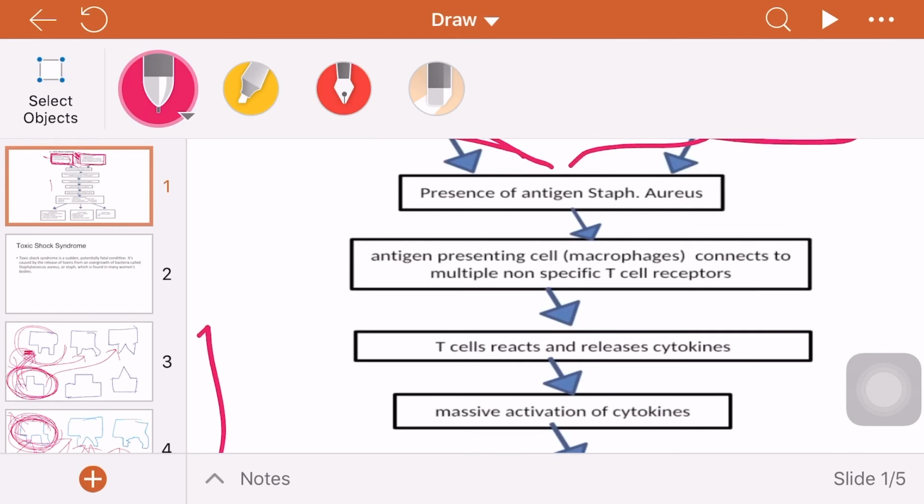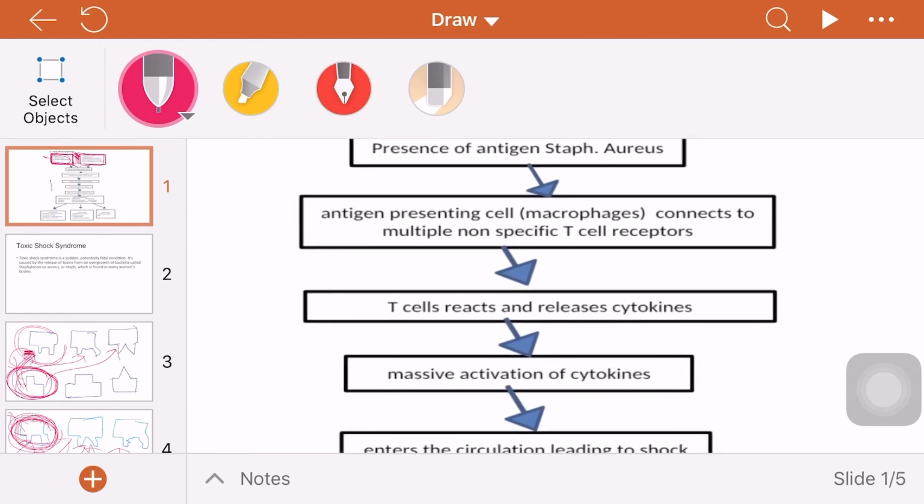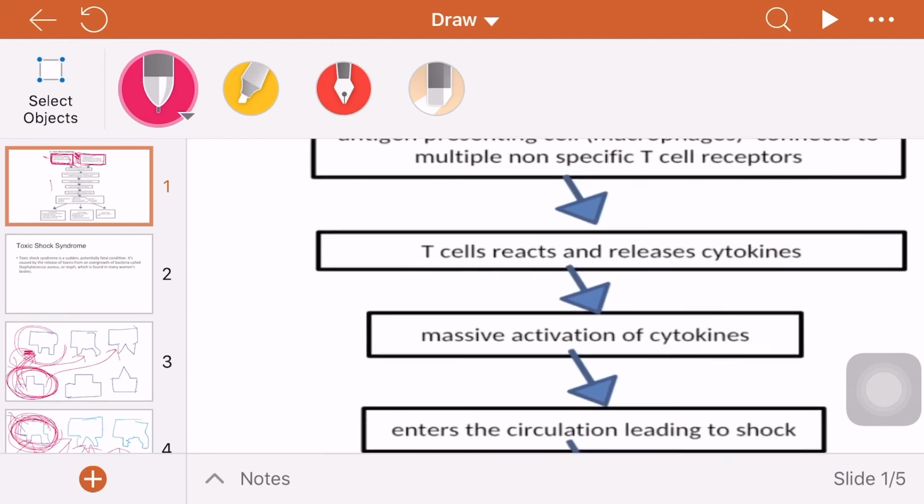Bisag unsa ang shape, bisag unsa nga kind nga T-cell, mo bind ra gyud siya. So ang T-cell mo react and releases cytokines all at the same time. So naay massive activation of cytokines. And di ba kanina cytokines, sila ang mga chemical messengers to help regulate the immune system.